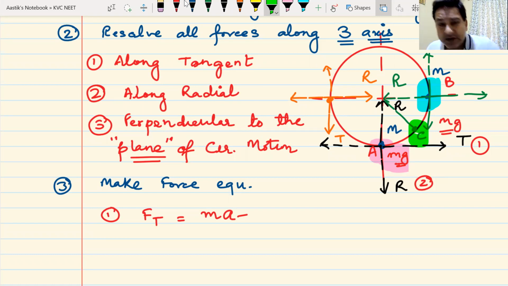At point C or any point in between, there could be this point C, or this point D, or this point E, or this point F. There are 4 points which you must always remember. One is the bottommost point, one is the topmost point, one is the horizontal point on this side, one is the horizontal point on that side.